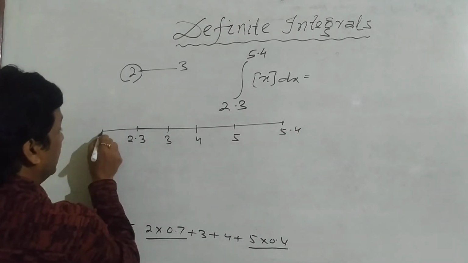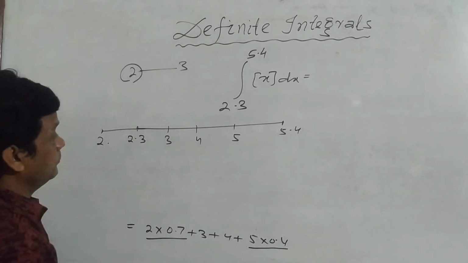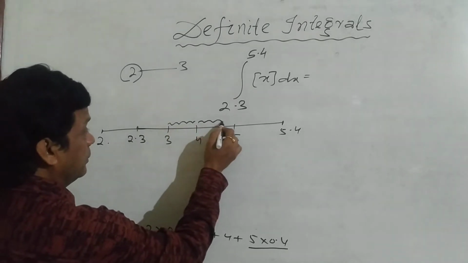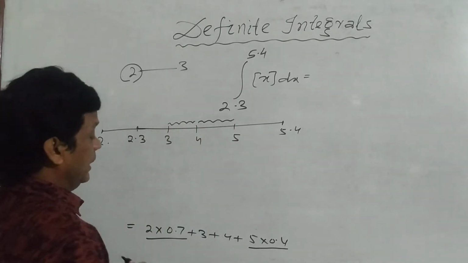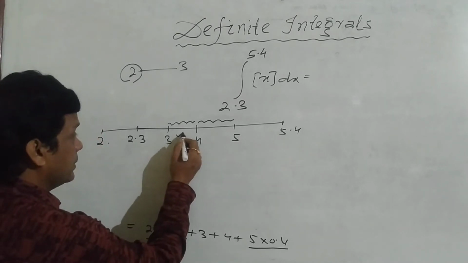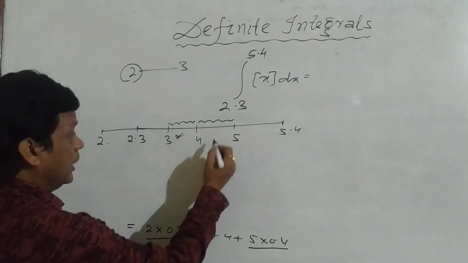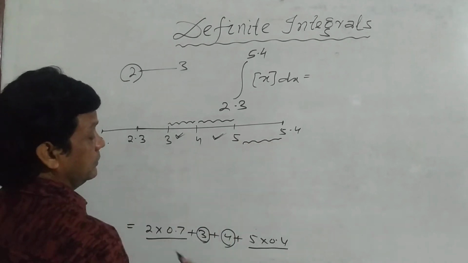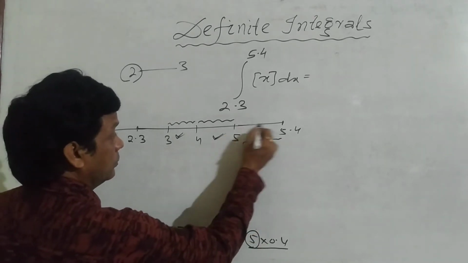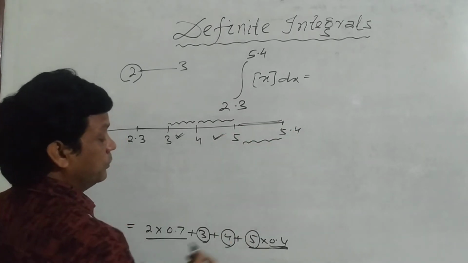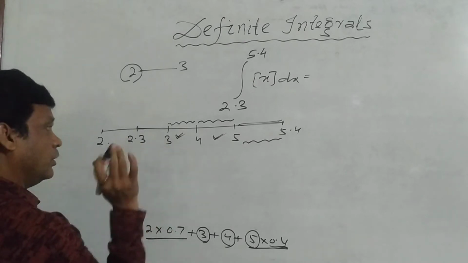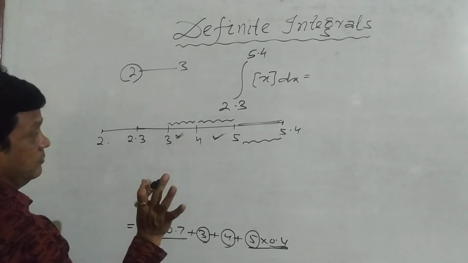And here before 2.3, it is 2 there. And this is a consecutive integer, this is also consecutive integer. And then see here, for this I have written 3, and for this I have written 4, and for this one I have written 5 into this interval 0.4. Again here always I am writing the difference and nothing else.